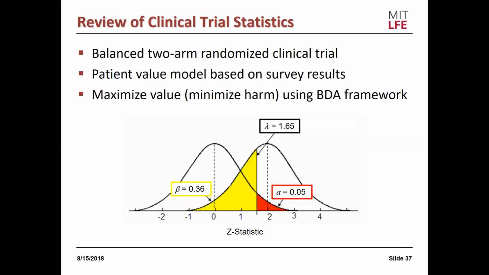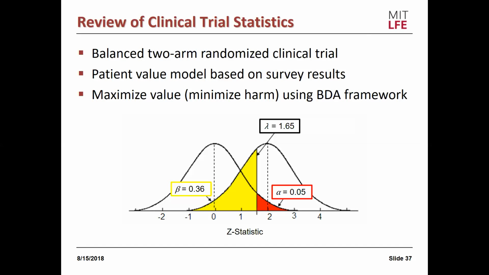And so now what we can do is incorporate an additional dimension into this analysis, and use our patient preference information to indicate the severity from the patient perspective of a type 1 versus a type 2 error.